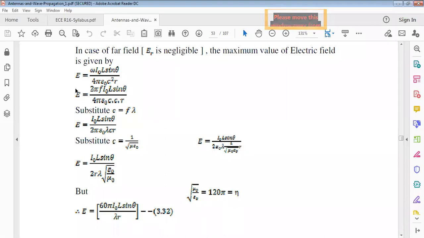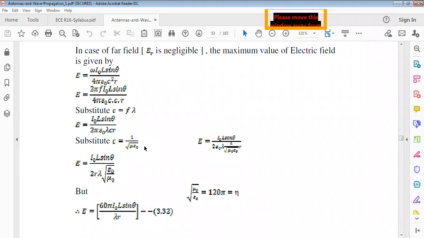For further simplification, substitute c equal to 1 by square root of mu naught epsilon naught, where mu naught equals 4 pi into 10 power minus 7, and epsilon naught equals 8.854 into 10 power minus 12. Upon simplification c equals 3 into 10 power 8, that is the constant value.